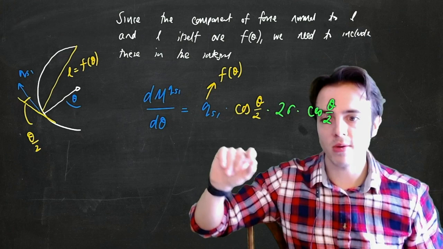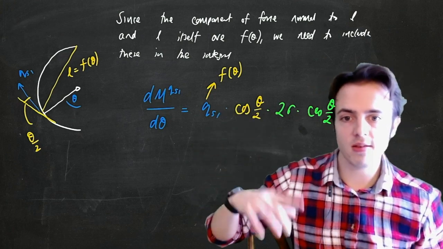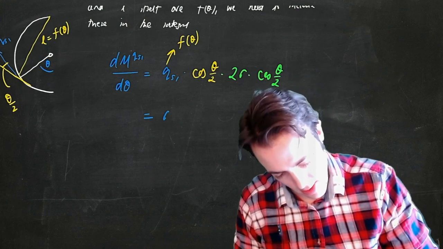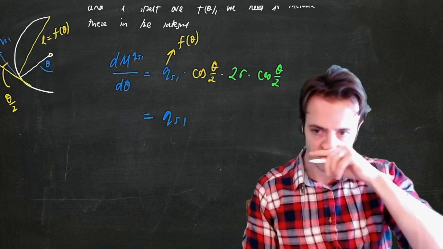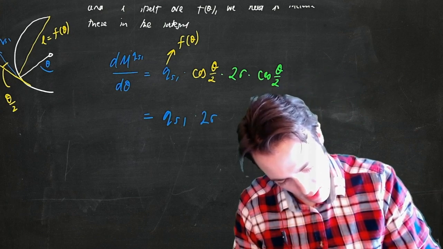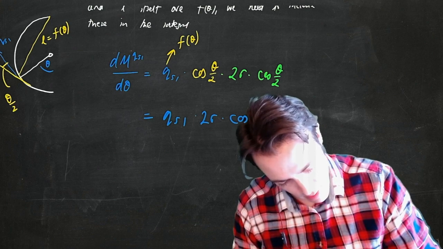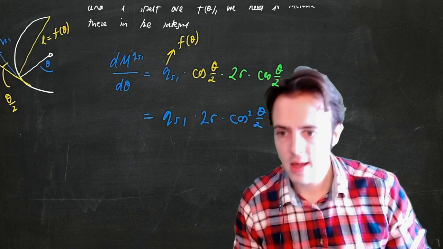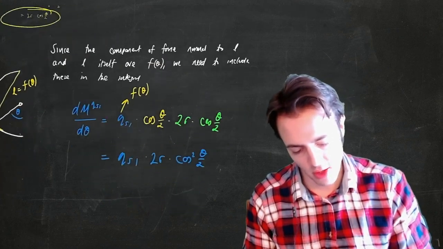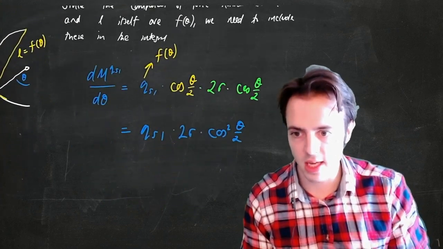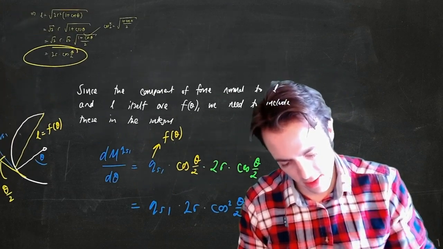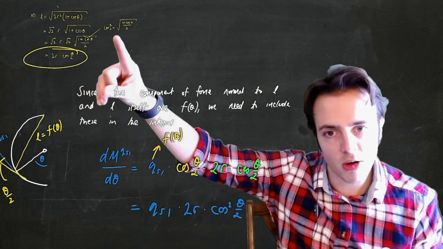To get the entire moment, I'm going to simplify this first, and then we're going to integrate it. So let's say this is QS1 multiplied by 2r multiplied by cosine squared theta on 2. Now we've used this previously. Oh no, we have used this before, in fact. So cosine squared theta on 2, we've got the half angle formula up here.